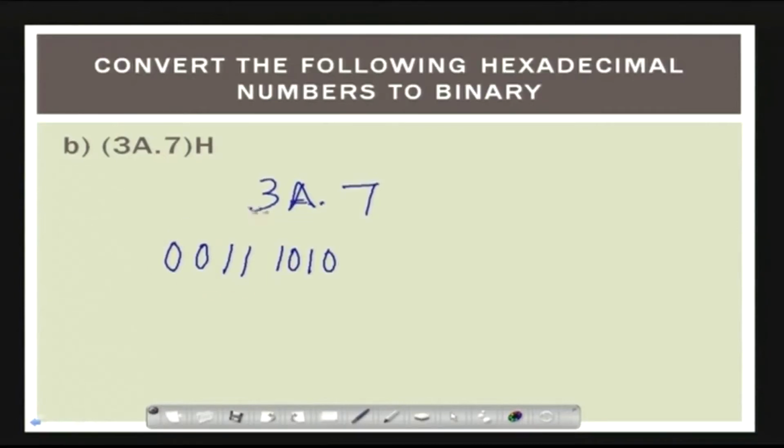Now, it becomes a 4-bit binary number. Same way, 7 is represented as 111, but to convert hexa to binary, we have to put a 0 here. So, this gives the binary equivalent of the hexadecimal number 3A.7.